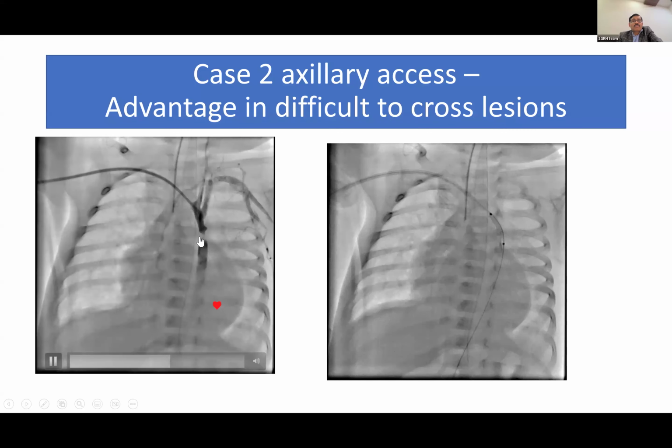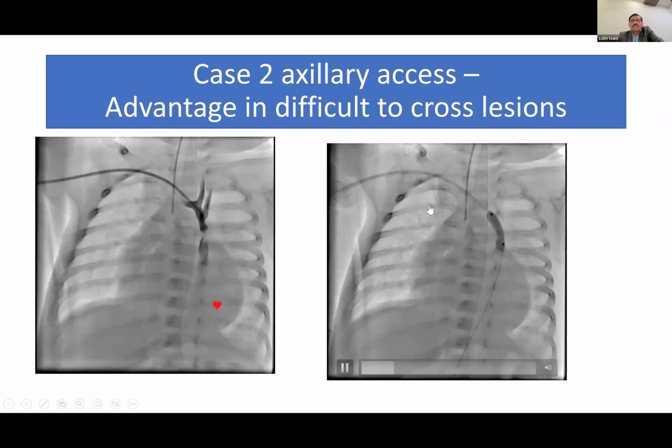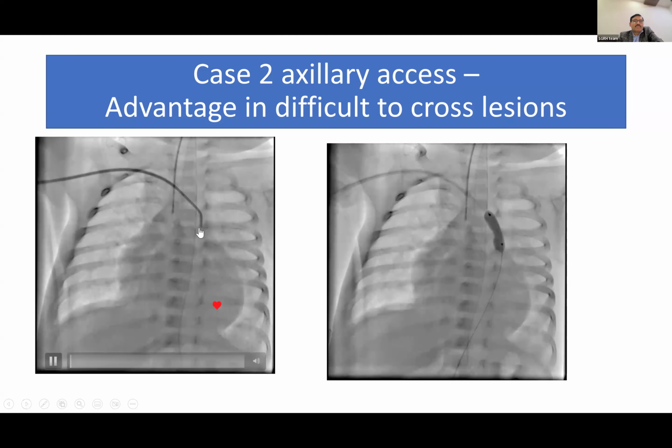So for difficult to cross lesions, it's better to go from up. Now, how do you know what is a difficult to cross lesion? By echo also maybe you can have an understanding. And then this balloon dilation. Simple process actually. See, the contrast dilution here is adequate, 1:3. So for difficult to cross lesions, I would go by the axillary route.